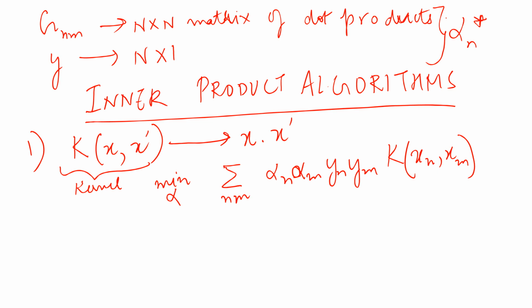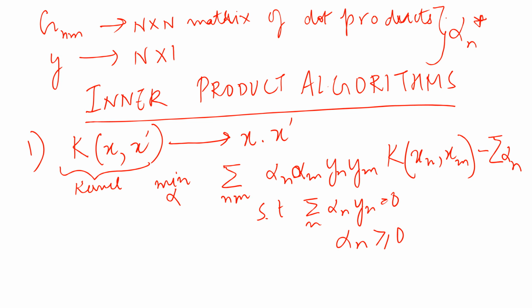I wouldn't even go inside and do anything about it. Minimize this entire function subject to my constraints, which I'm already familiar with: the sum of alpha n yn equals 0, and alpha n greater than or equal to 0.